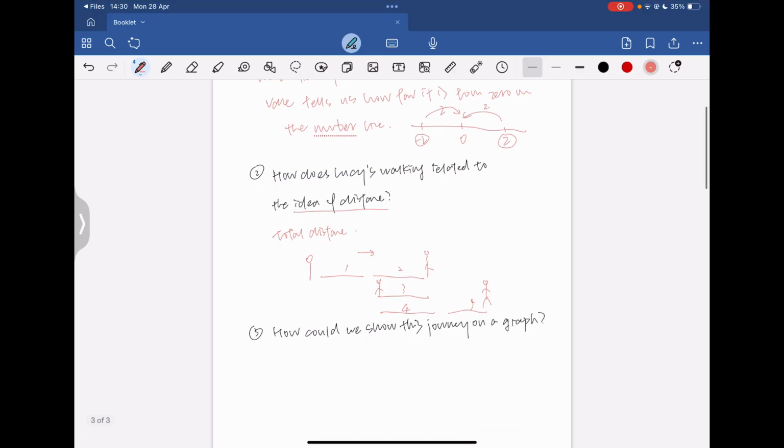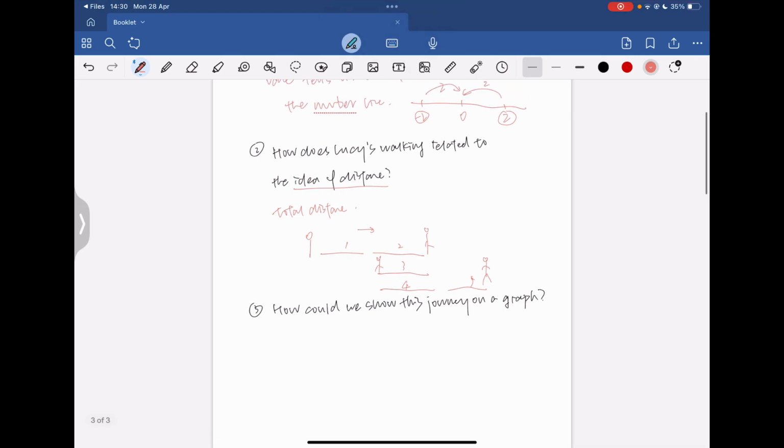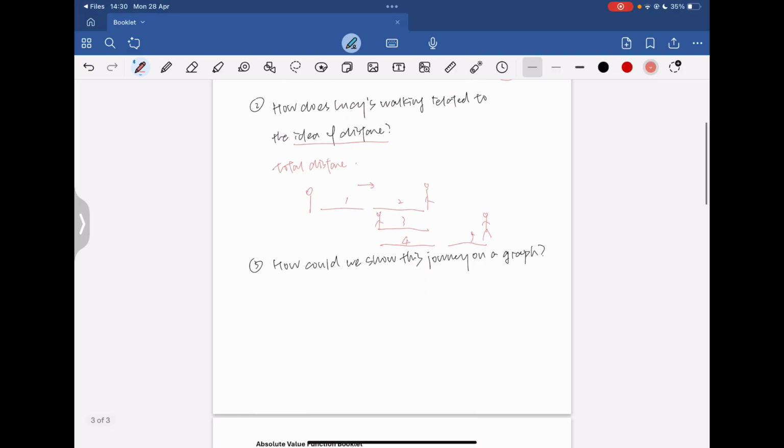Now, how could we show this journey on a graph? We could use a number line or a graph where moving forward is shown by moving to the right, just like I did, and moving backward is shown by moving to the left, the negative direction. The graph would show her starting at 0. So if we use a number line, starting at 0, and then moving 2 blocks, which means plus 2. So we are here now, right?